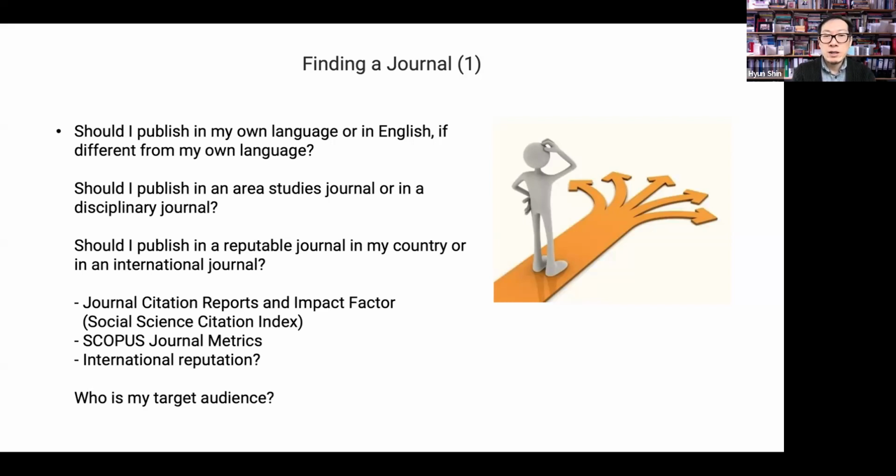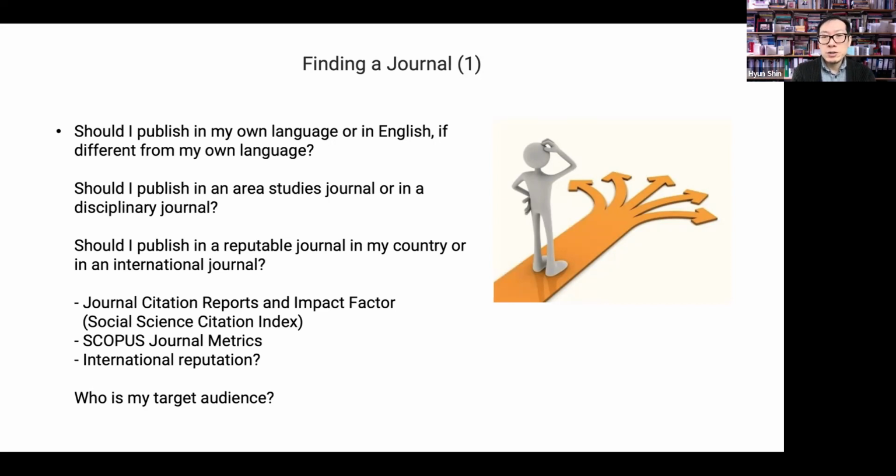Publishing in one type of journal effectively means you are territorializing your scholarship and speaking to a particular group of audience, and also building up your own profile and identity. So choosing which journal to go for can be quite important.